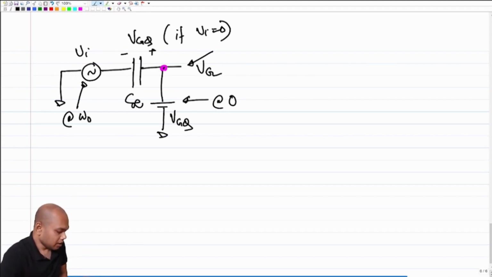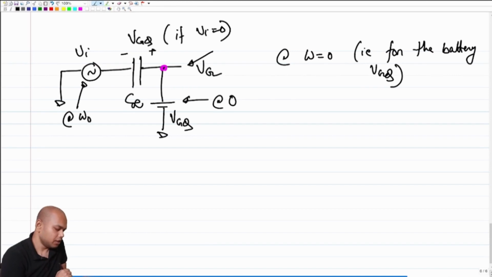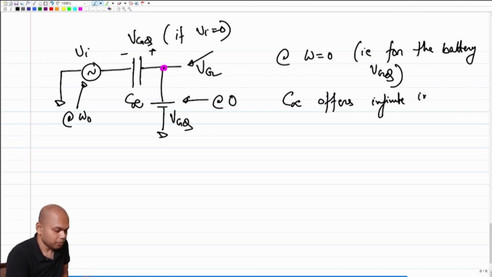So what is the impedance offered by the capacitor at frequency 0? At omega equal to 0, for VGQ, for the battery, C infinity offers infinite impedance. Why?